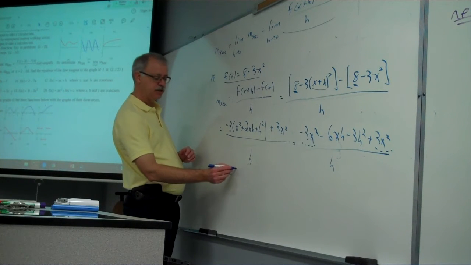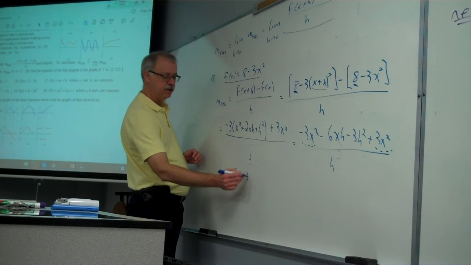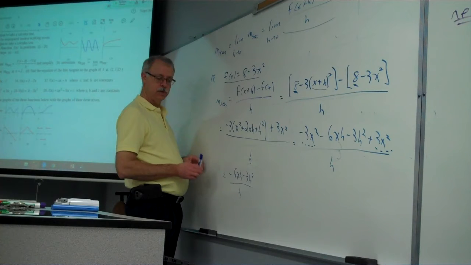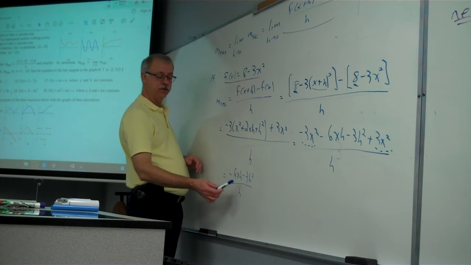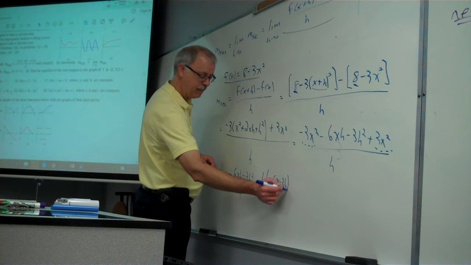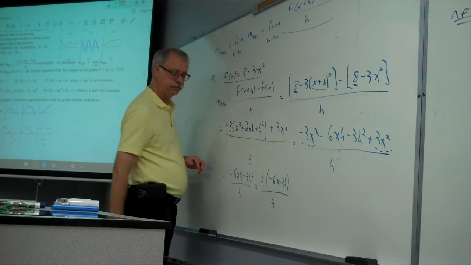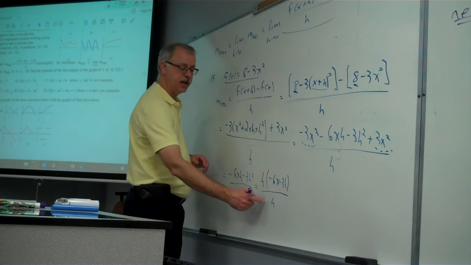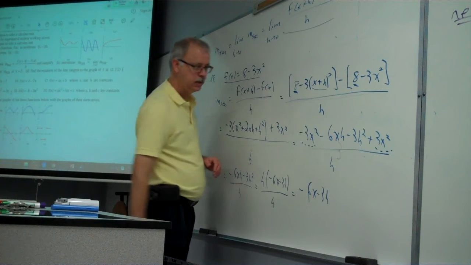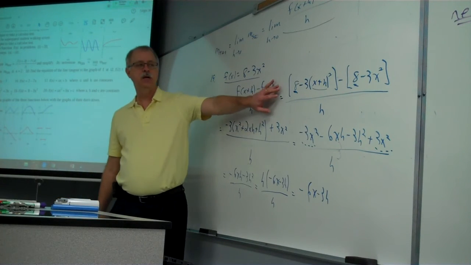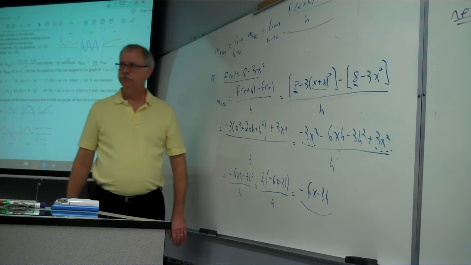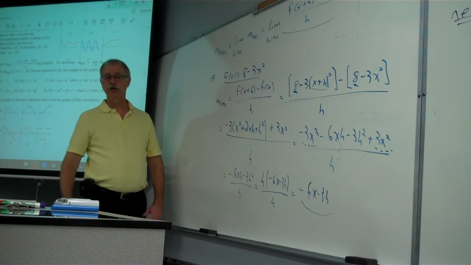And we've got then minus 6xh minus 3h squared all over h. Notice in the numerator there's an h in both terms. We can factor that out, and the h's cancel. So amazingly enough, what started off extremely messy simplifies down considerably. That should always be the case.